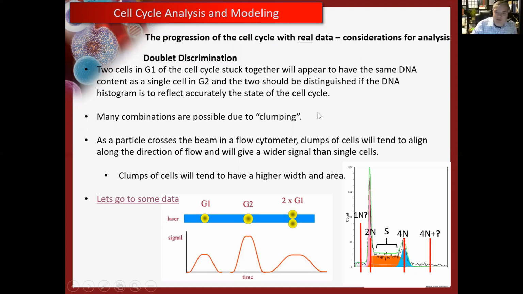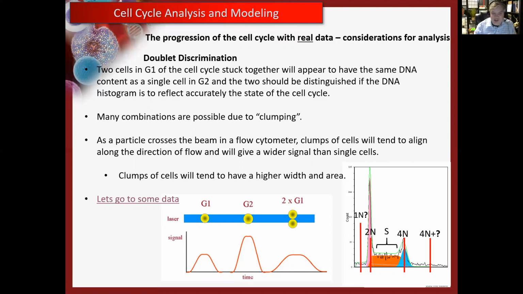But what can happen when you perform flow cytometry is that when you run cells through the flow cytometer, multiple cells can get stuck together. So you can imagine if a cell has an amount of dye and it's in G1, if two G1 cells are stuck together, they're actually going to look like a G2 cell, right?